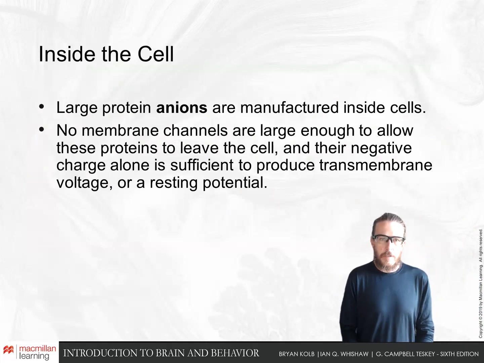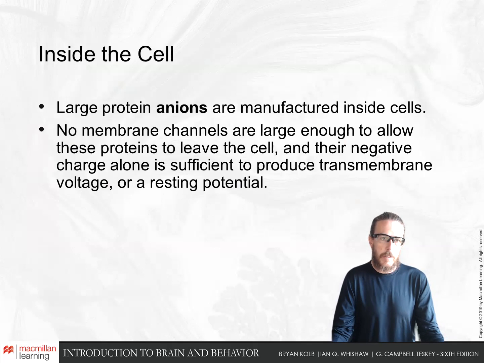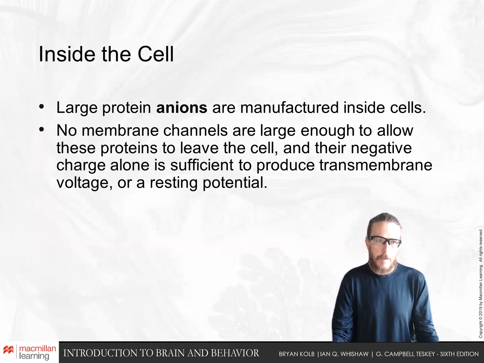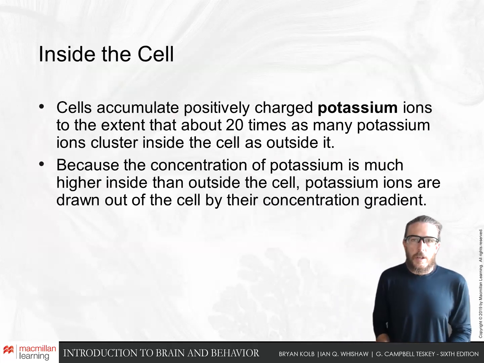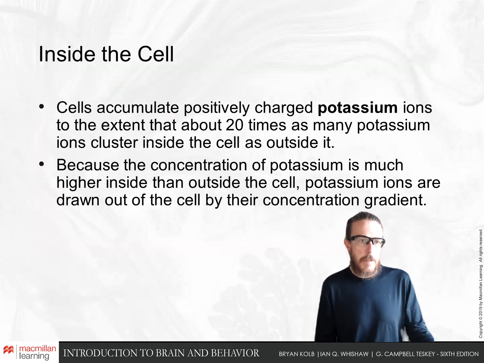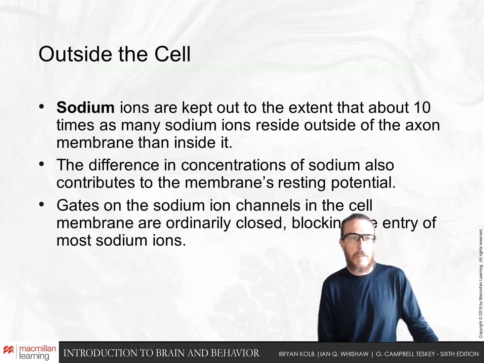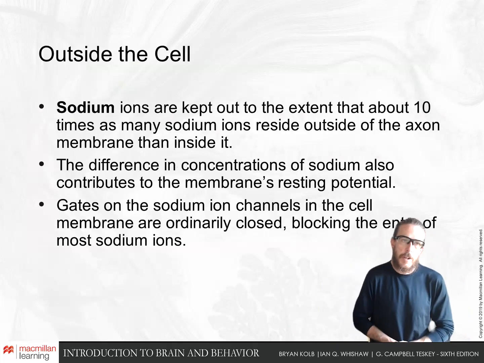So the anions are manufactured in the cell, as we saw last week. And because they can't leave the cell, they create this large negativity at rest. They also accumulate these potassium ions so that there are about 20 times more of them inside than outside the cell. So they want to be drawn out of the cell because of the concentration gradient, as we mentioned.